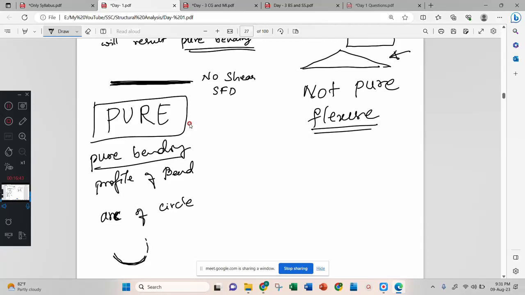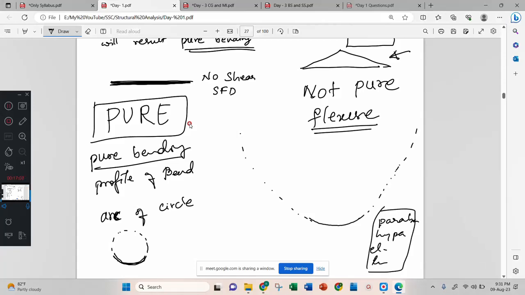If you complete it, then you will get a circle. But when transverse forces are applied, this bend is not an arc of a circle. It may be a parabola, hyperbola, ellipse, logarithmic, whatever, but not an arc of a circle. Therefore, this is flexure or not pure.